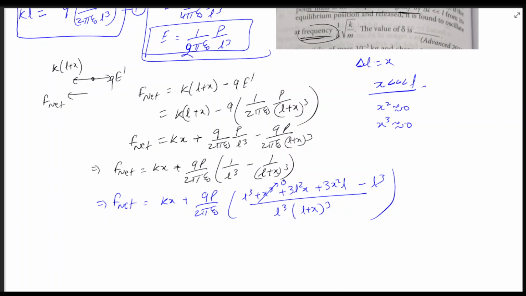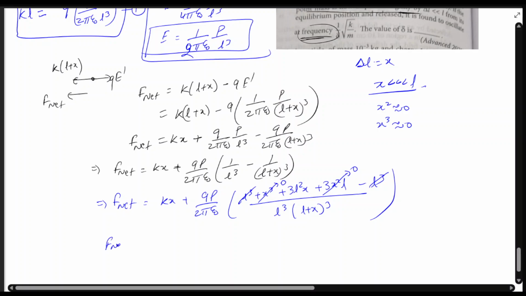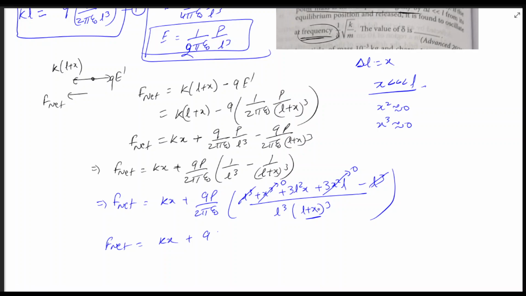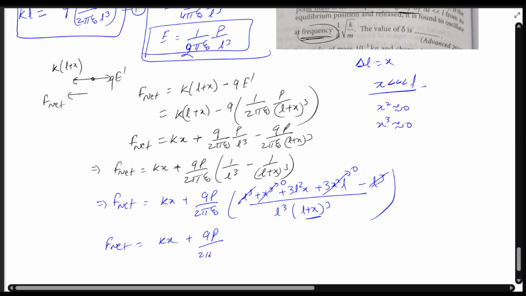So let's make it 0, and L cube will get cancelled from here. So we are left with Kx plus qp, and L plus X to the whole cube we can just write as L cube, right? So we're left with qp upon 2 pi epsilon naught L cube into 3L square x by L cube.